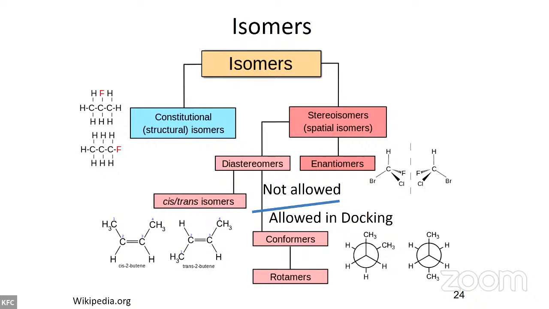So you only have to think about the conformers and rotamers, and all the previous ones, like cis-trans isomers, enantiomers, and structural isomers, the docking will not deal with. You have to deal with that beforehand.